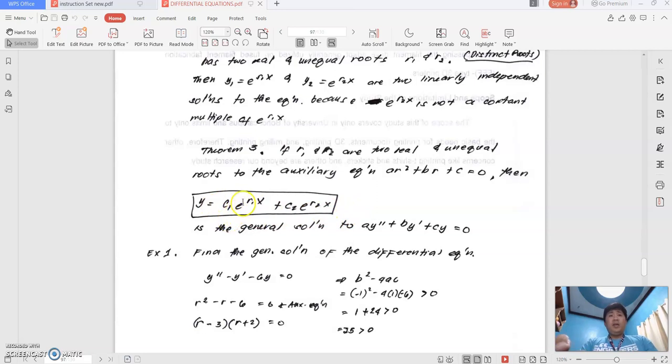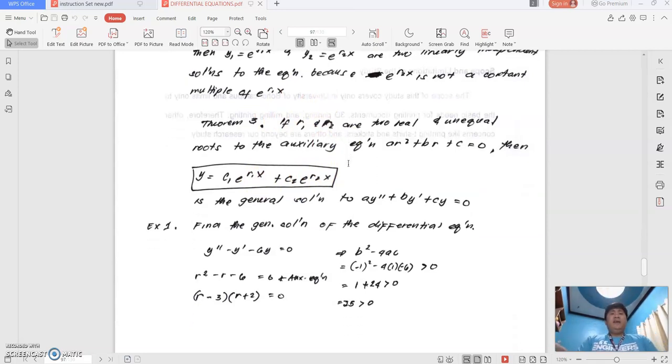C sub 1 e raised to the power R1 x plus C sub 2 e raised to the power R2 x, since theorems 1 and 2 state that y equals C sub 1 y1 of x plus C sub 2 y2 of x. That is always your general solution. The only thing you change is R1 or R2, depending on the roots you get.